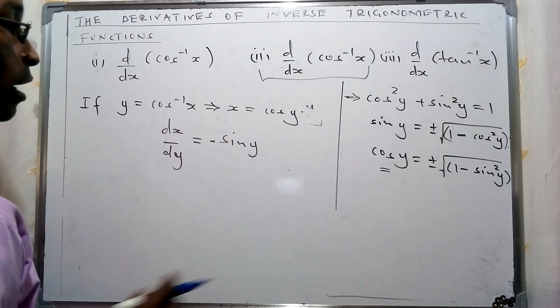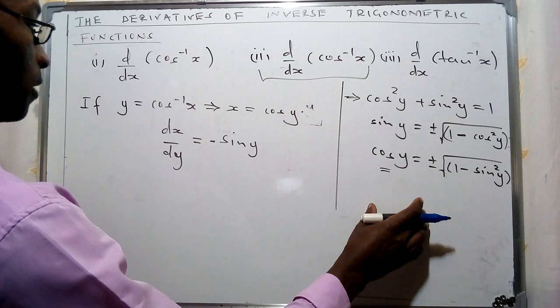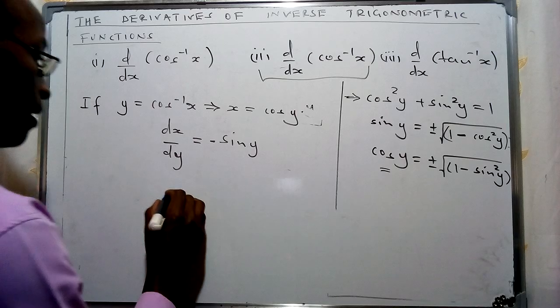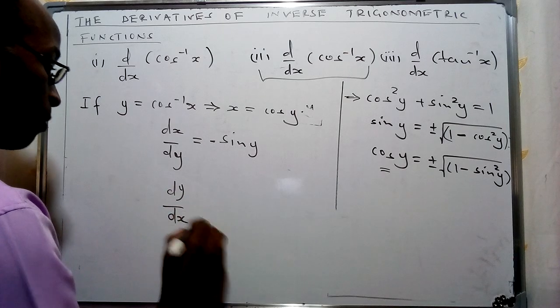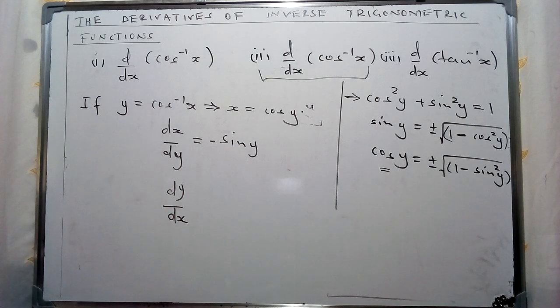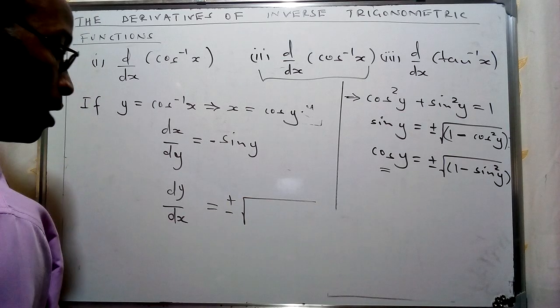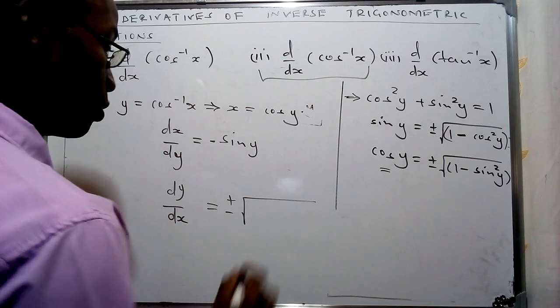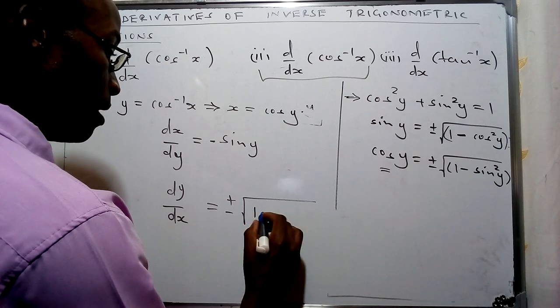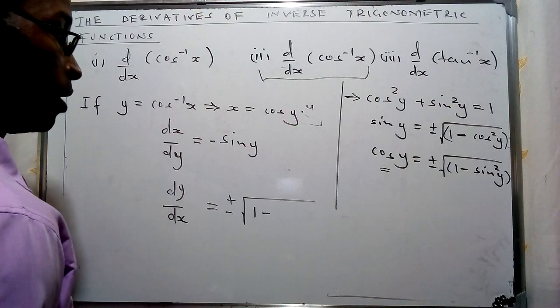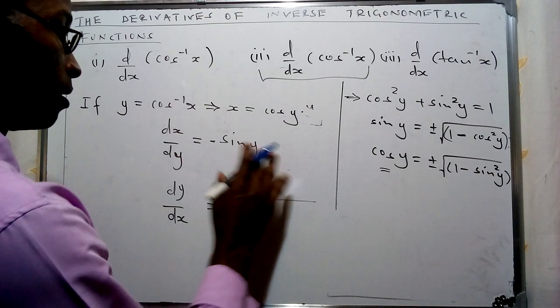So if we are trying to represent it from this function, we can have it given as dy over dx, and that is going to give us the value, so we shall have positive or negative the root of 1 minus, so we have decided that we can give the sine of y using this, or the cosine of y using this specific.